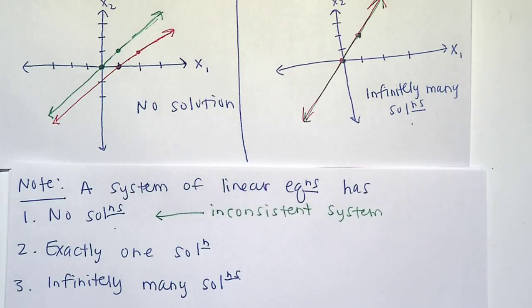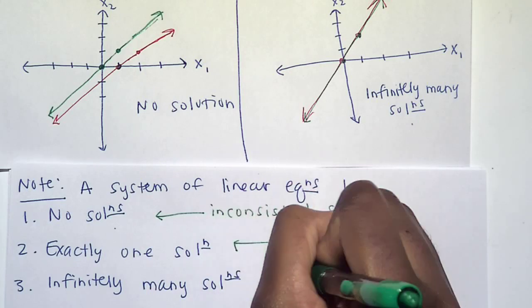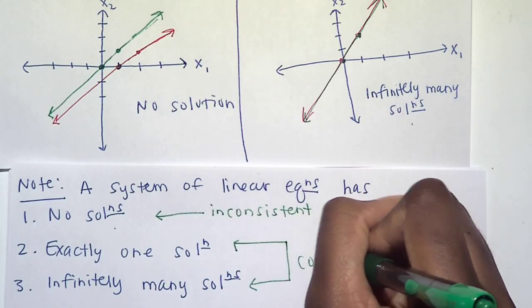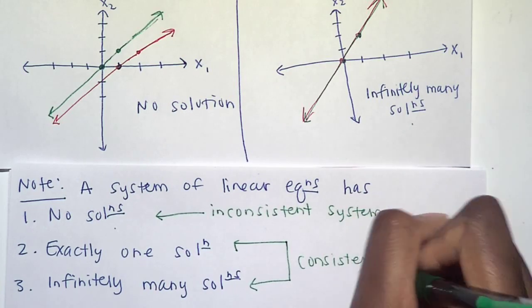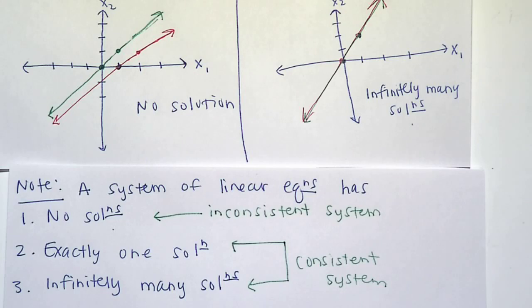If we are able to find solutions, so if we're able to find exactly one, or there'll be infinitely many, then we call the system consistent. All right, and so that is the end of section 1.1.